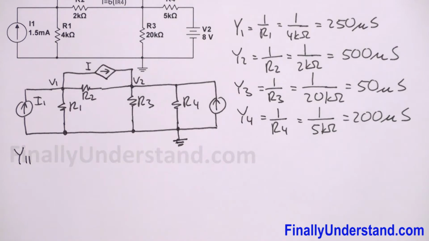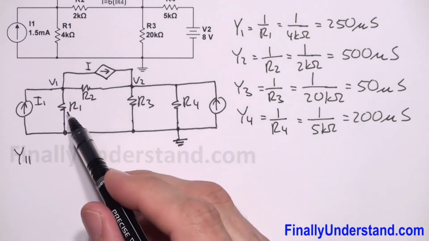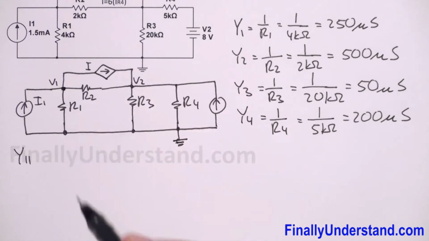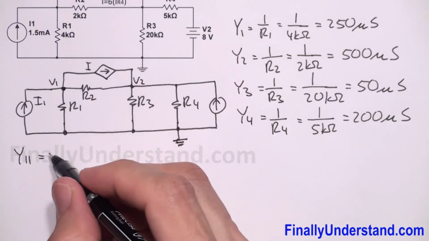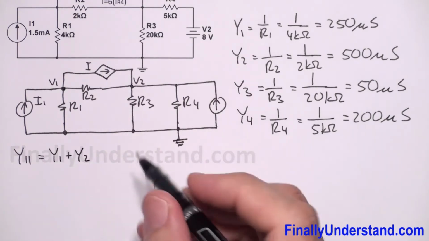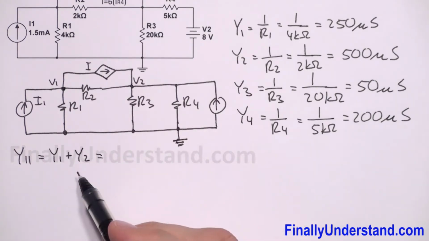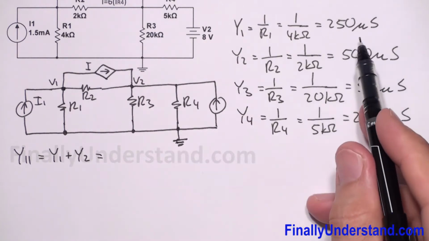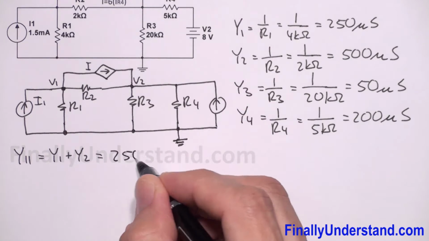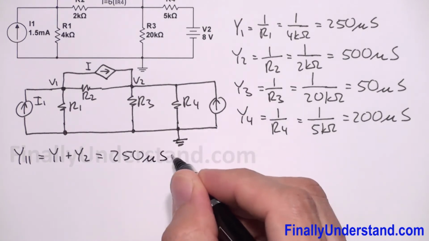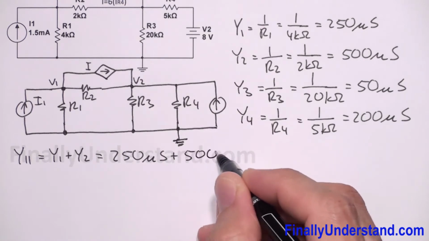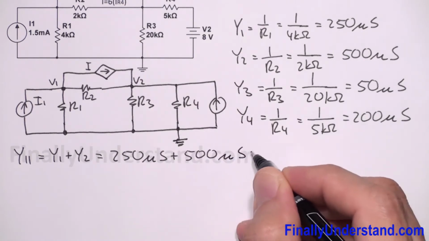Next, I'm supposed to find Y11. Y11 is the sum of admittances connected to node 1. This is my node 1. So I'm going to have Y1 plus Y2, where Y1 we found is equal to 250 microsiemens. So I have 250 microsiemens plus Y2, which is equal to 500 microsiemens.